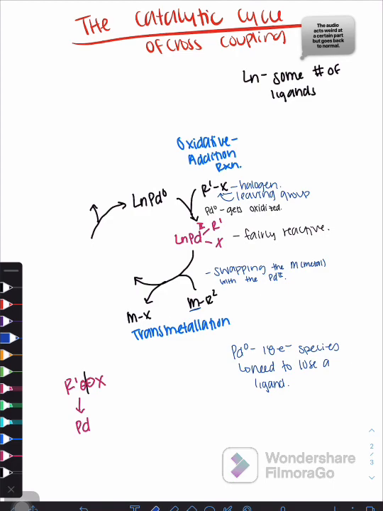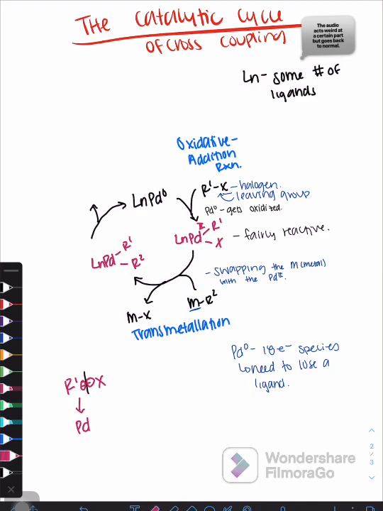Which will give us the ligand with the palladium with R1 and R2. So this attaches to the metal, which gives us the metal halide right there.